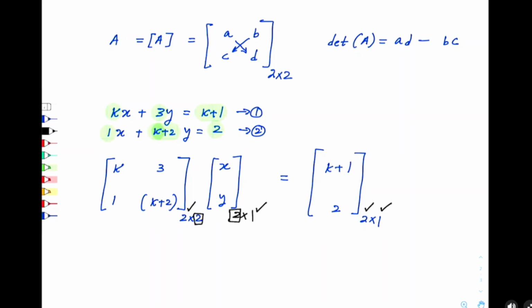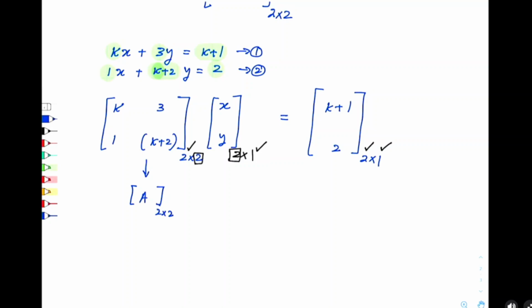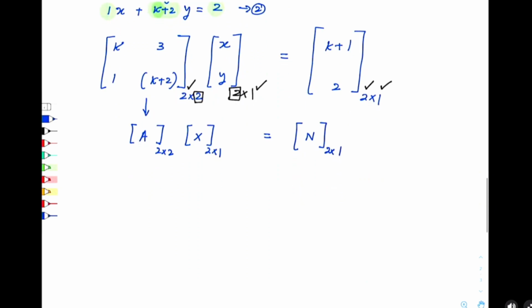Now, easy. What you can do is write this one as A if you want. That A means this 2 by 2 matrix. Then for xy, you typically write capital X, and that would be 2 by 1. It's a short way of writing it, equal to this one. You can put any letter here, say N, and it's 2 by 1, right? Now, since you have this A matrix, you can find the determinant of that matrix.